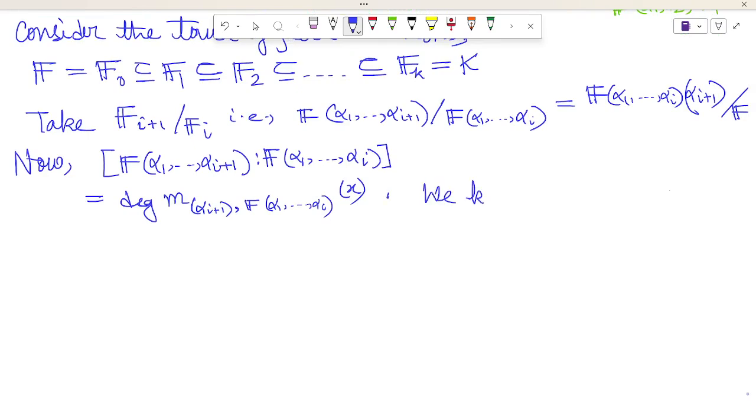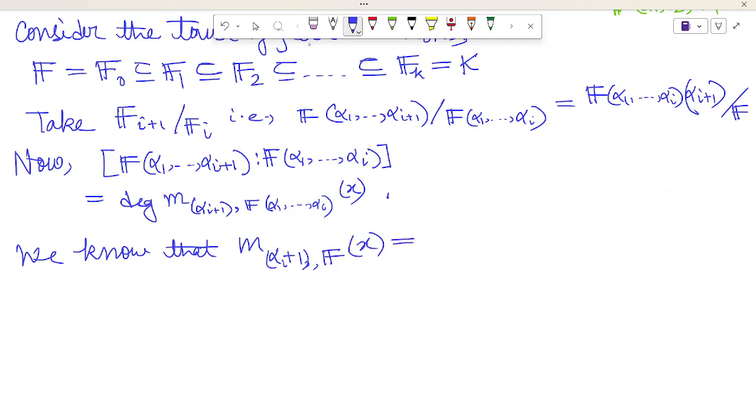We know that, but what information do we know about the minimal polynomial? We know that the minimal polynomial of alpha i plus 1 over F, sorry, alpha i plus 1 over F has degree n i plus 1.